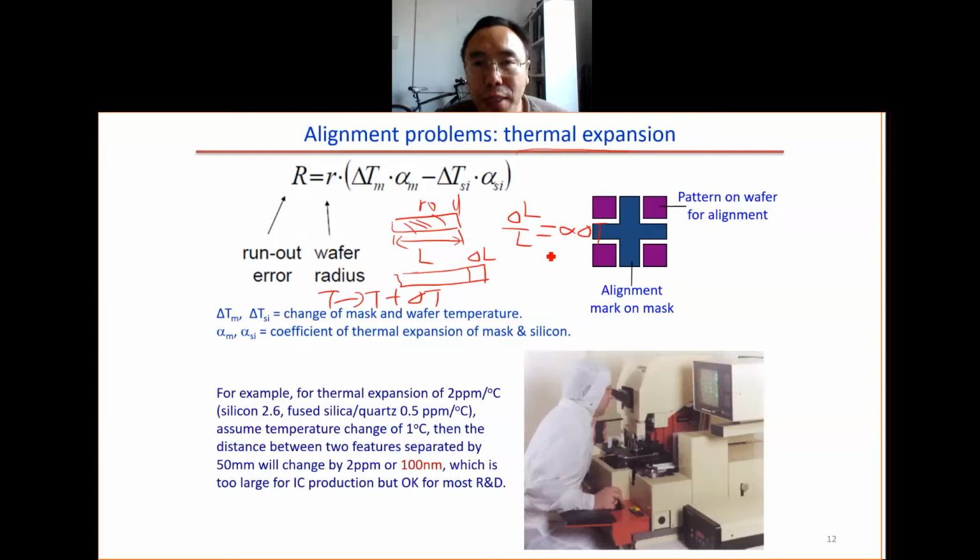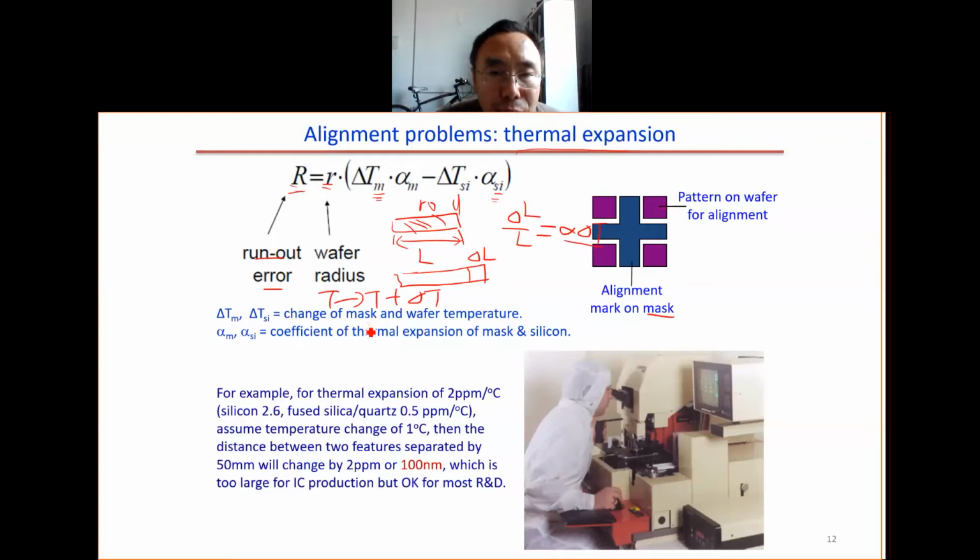This is the basic equation for thermal expansion. For photolithography, we have thermal expansion of the mask and also thermal expansion of the wafer. This is called the run-out error, or misalignment. Misalignment equals R, the wafer radius, times αΔT. This is the mask, and this is the silicon wafer.